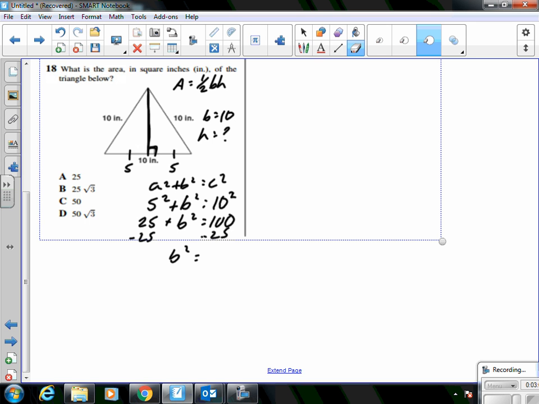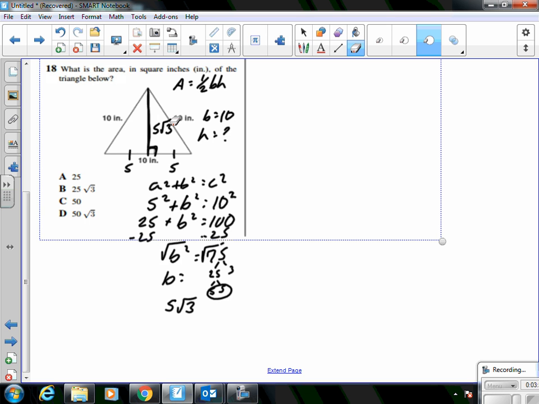We get b squared equals 75. And then to get rid of the square, we take the square root. And 75 would break down to 25 times 3, and 25 as a square root, which is 5. So we end up with 5 square roots of 3. And so that's our height, 5 square roots of 3.